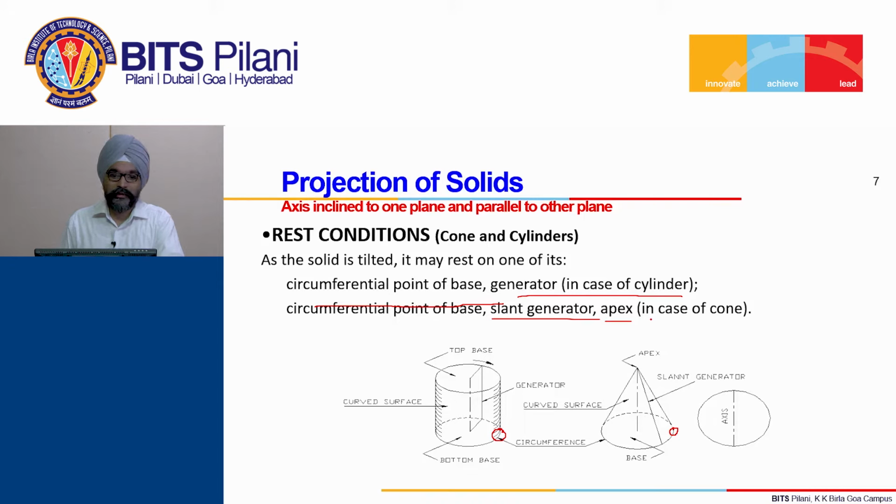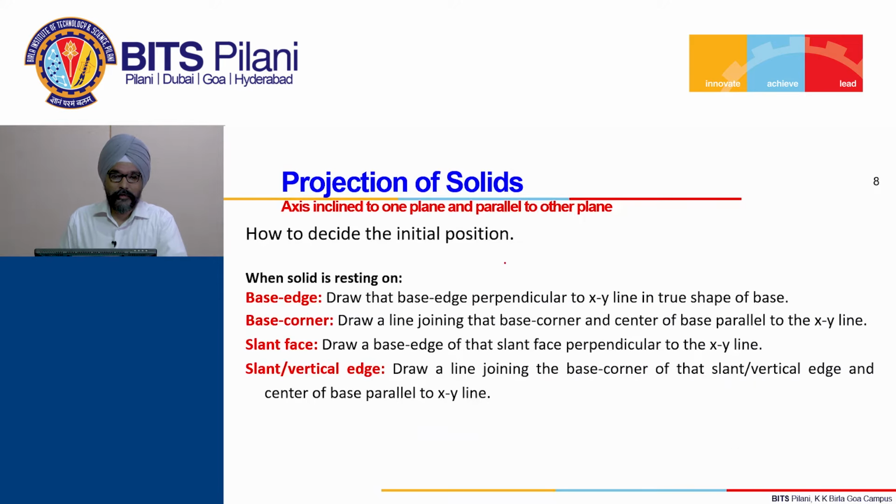Now, based on that, we have to carefully decide the initial positions in the beginning. So how do we decide the initial position? When it is told that it is resting on the base edge, we have to see very carefully that the base edge on which it has to rest is drawn perpendicular to the xy line in the true shape of the base.